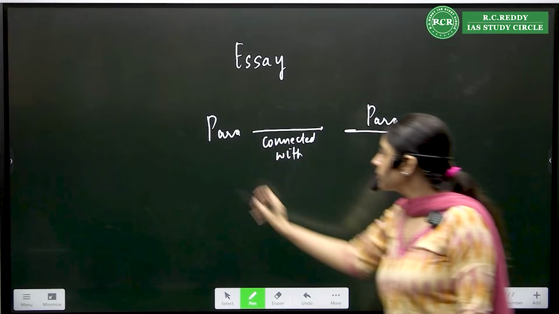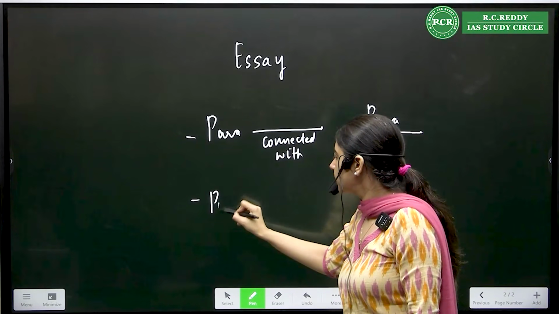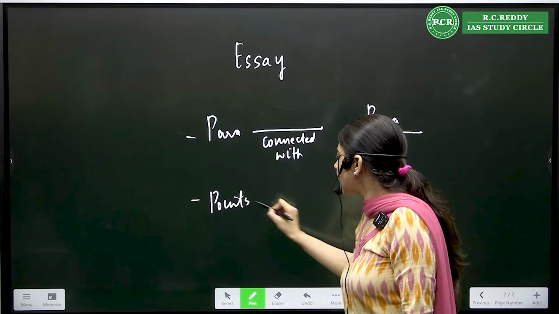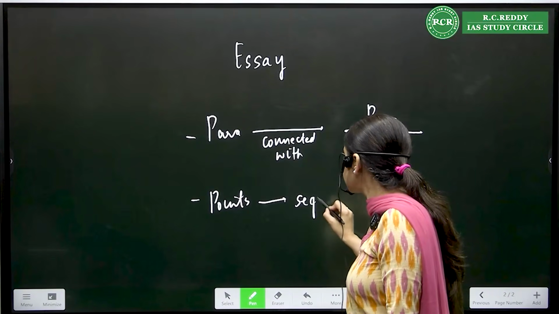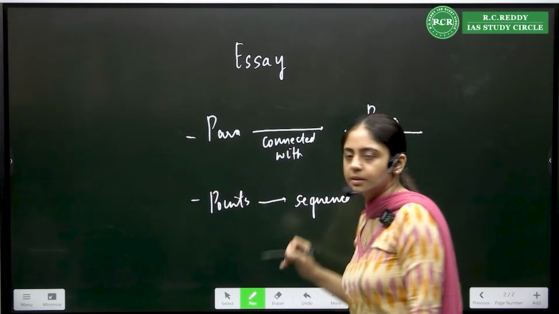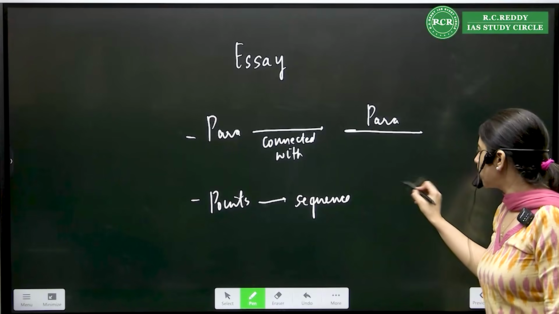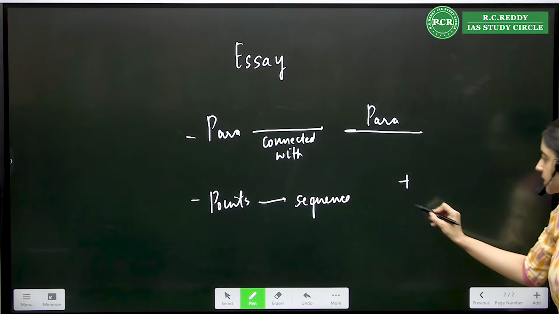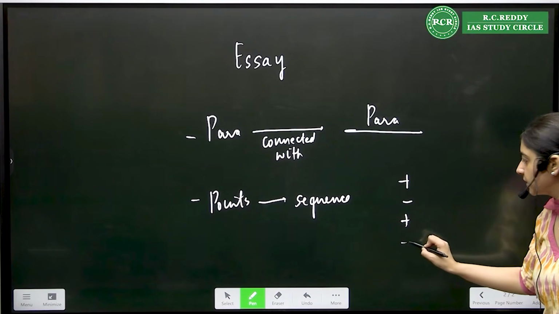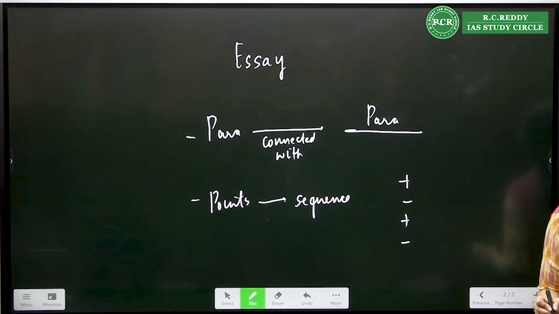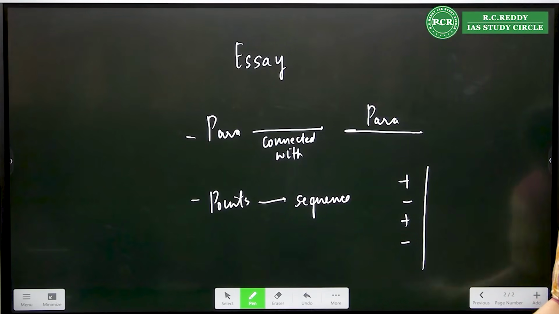The points which you are writing must have a proper sequence. It should not be that the first point is a positive argument, next is negative, then again positive, then again negative. There is no sequence, and they have mentioned it very clearly: coherently and sequentially. There has to be a sequence in your arguments.